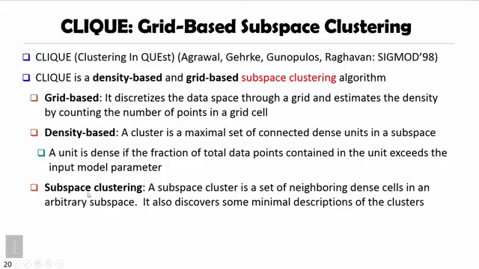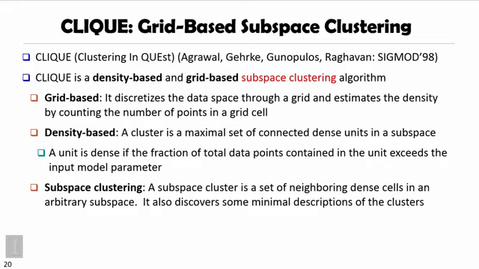But why is it subspace clustering? Because it starts from a low dimension, like a single dimension. For this particular subspace, you try to find neighborhood dense cells in the arbitrary subspace, and you can grow into 2D, 3D, and find the maximum number of dimensions.